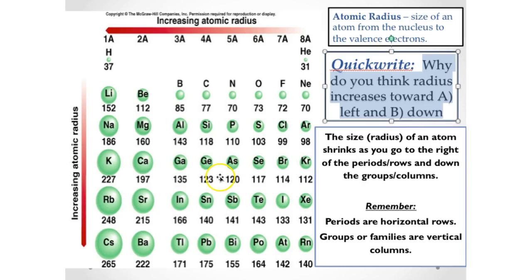So I want you to pause this and think about it. Why is it that as you increase the atomic number, the size is shrinking in this direction, but as you move down, it's actually getting larger? Why do you think this is happening based on what you already know? Go ahead and pause and then press play.